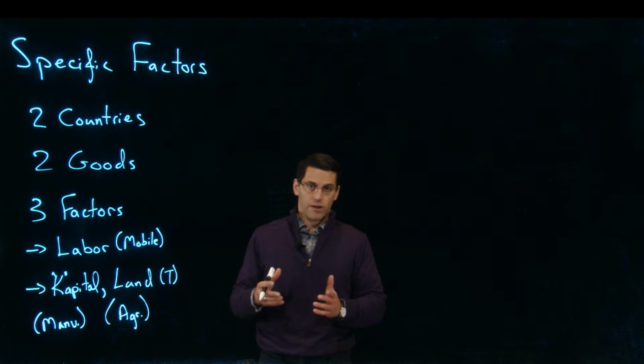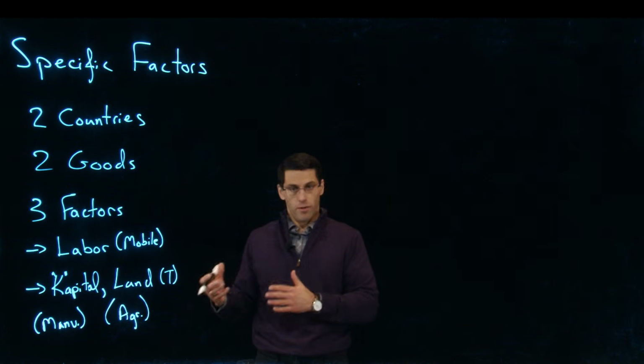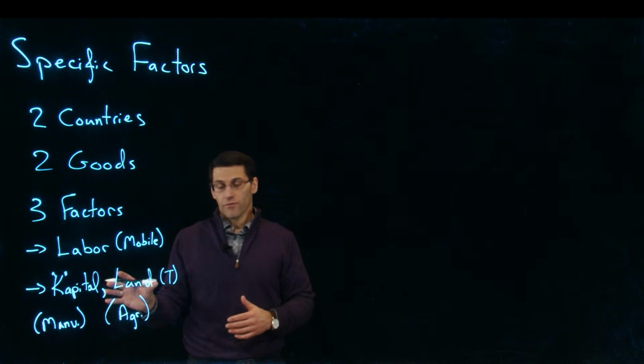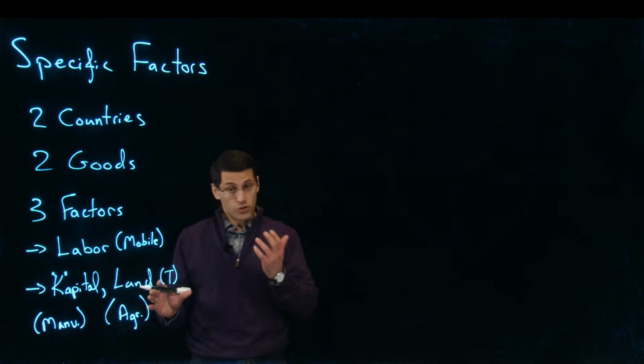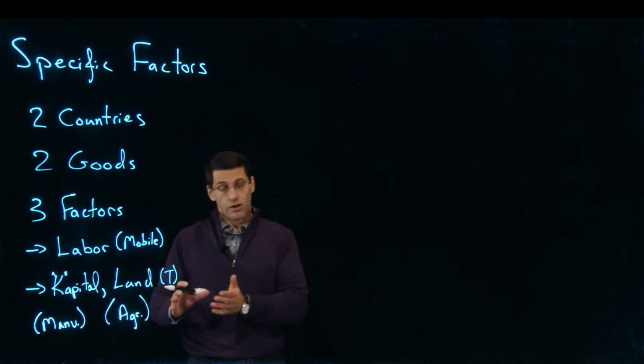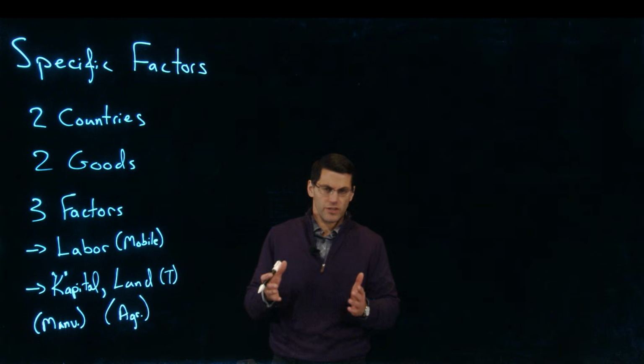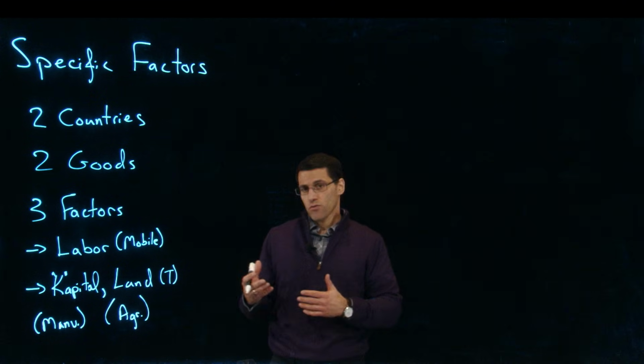The other thing that we get with the specific factors model is that we think of it as a short-run model. Okay? The fact that capital and land are fixed, actually in two ways. One, they're stuck within a particular industry, and also we're going to have them fixed in terms of the quantities. We think of this as a short-run model.